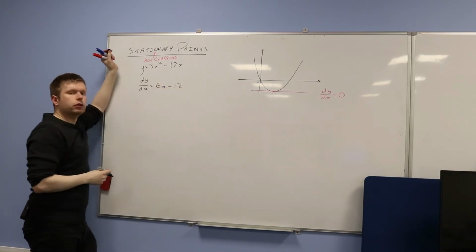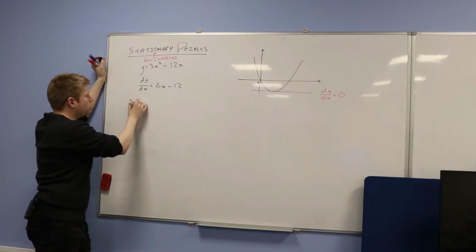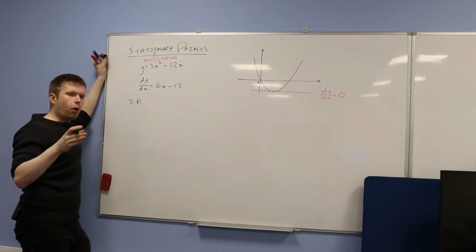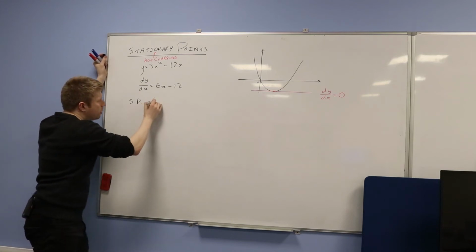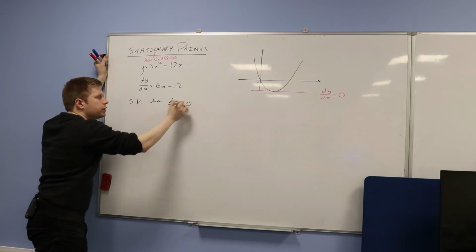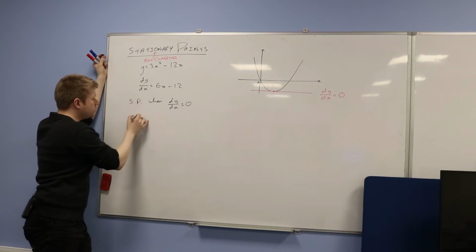6x minus 12. Good, exactly. Now I'm after the stationary point, so I'm going to call it SP for short. Now I know that the stationary point is when the gradient is equal to 0. Well, look, this is my gradient function, 6x minus 12.